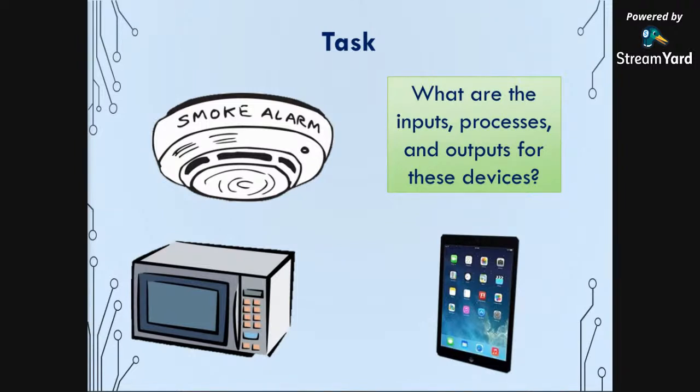Okay, so let's do the smoke alarm first as an idea. The input would be the smoke, or the button that you are pressing on the smoke alarm to test it. So the smoke passes through the smoke alarm.